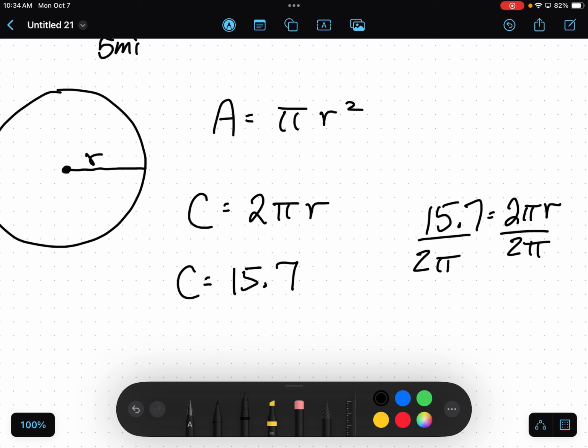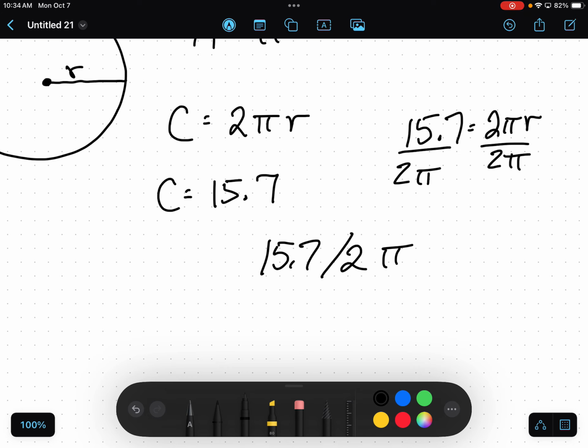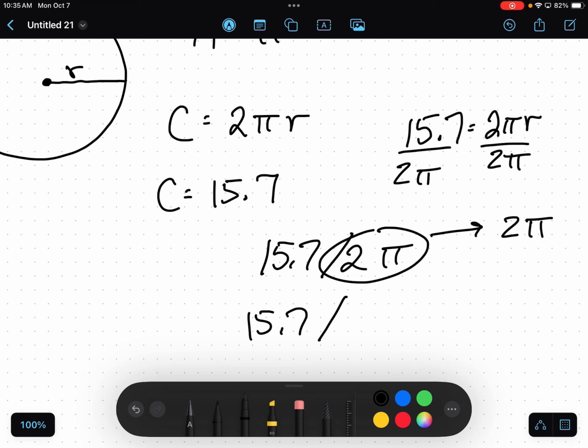Now, what I want you to do though, if you do it this way, especially if you're using your phone calculators, if you go 15.7 divided by 2 pi, it ain't gonna give you the right answer. Because what your phone calculator will do, friends, is it'll take 15.7 divided by 2, get a number, and then times it by pi. That ain't it. Okay, so here's what you need to do instead. You need to take the 15.7 and divide it by, off to the side, take 2 pi itself to figure out what number that is.